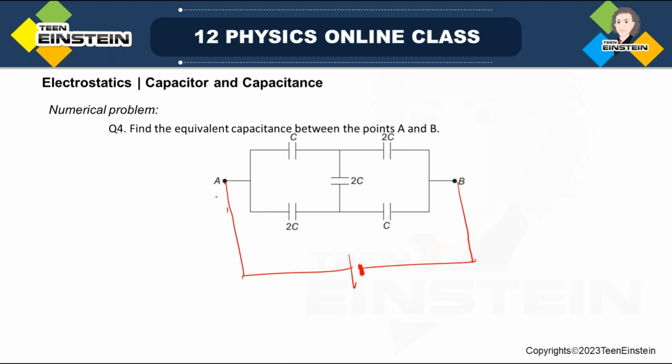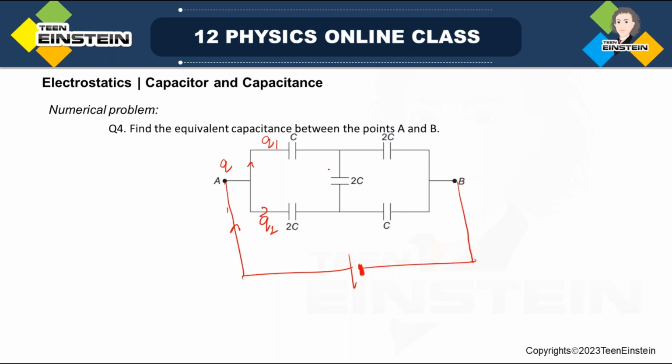The battery will send some charge. Let me say this is Q, and the whole charge will be divided into two parts, Q1 and Q2. There will be Q1 and this will be Q2, because these are two parallel paths, at least up to this we can say, isn't it?